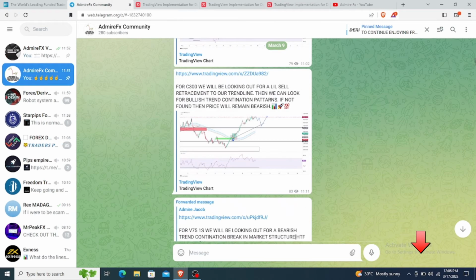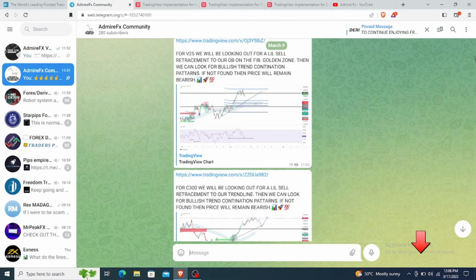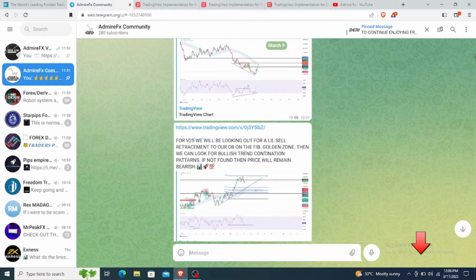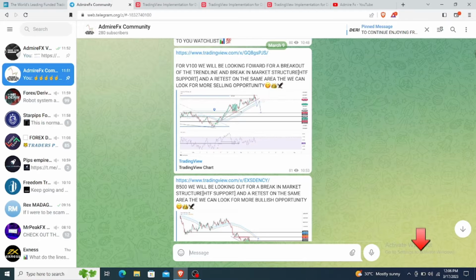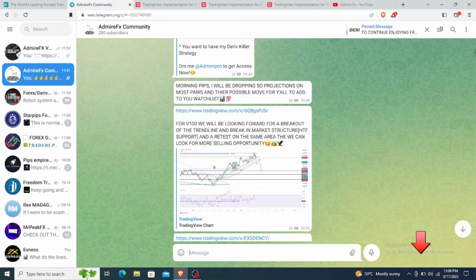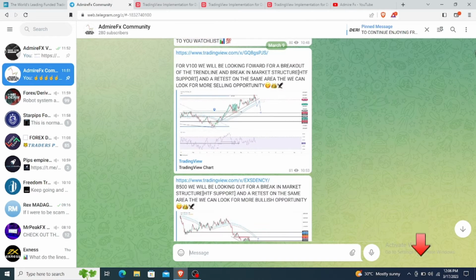Here on the Telegram community, you can see I sent the projection of the pairs. Good morning, peeps. I'll be dropping projections on the pairs, and if you scroll down, you can see the date, which is the 9th of March.